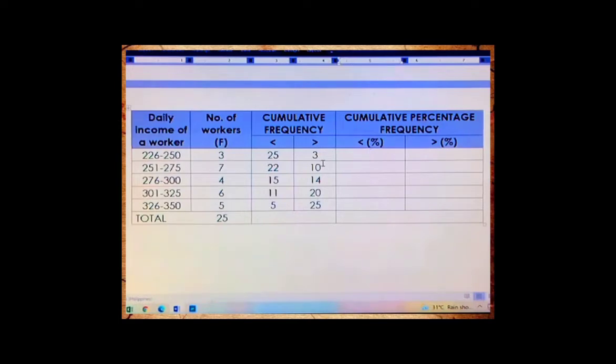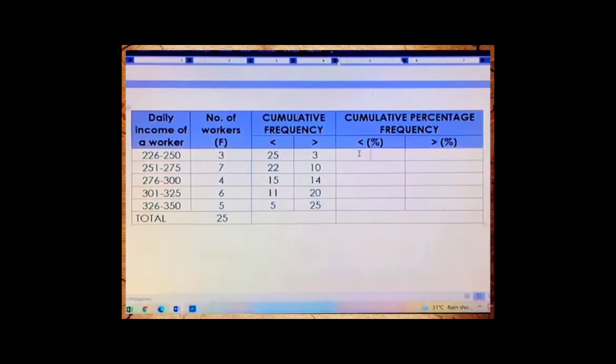The formula is CPF lesser than is equal to CF lesser than over the number of cases times 100%. If you remember the table 4.5 example, I also gave the formula on how to compute the cumulative percentage frequency lesser than percent and greater than percent.